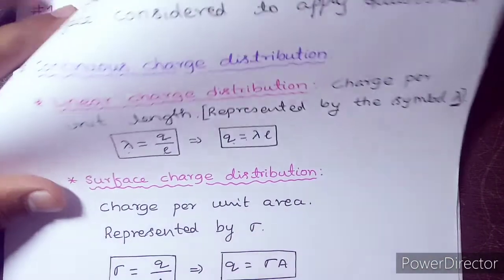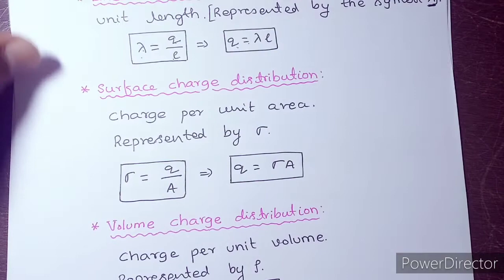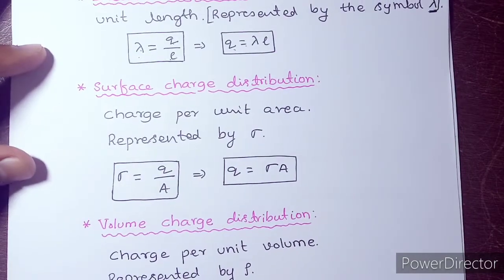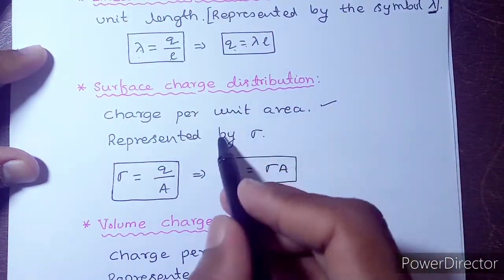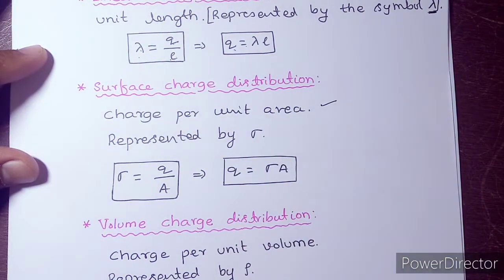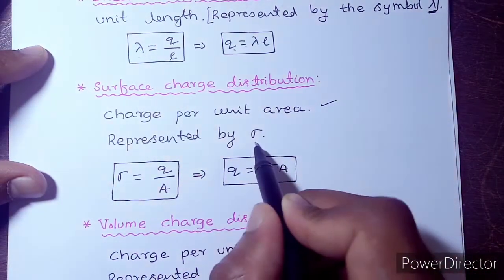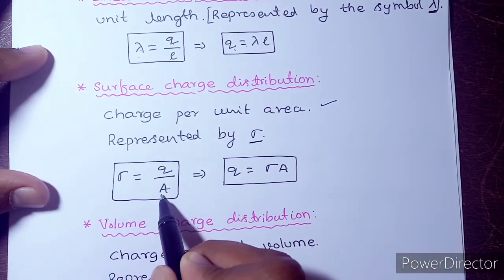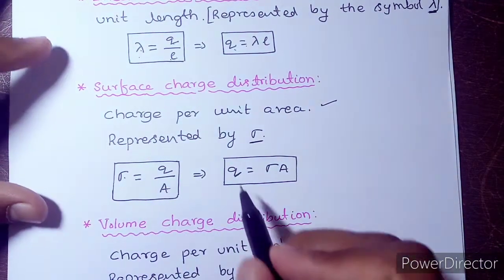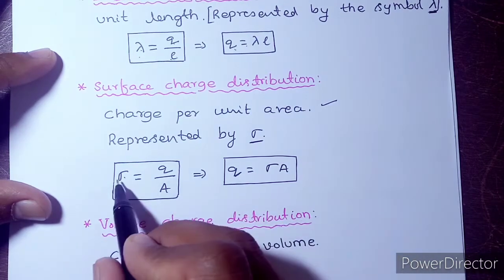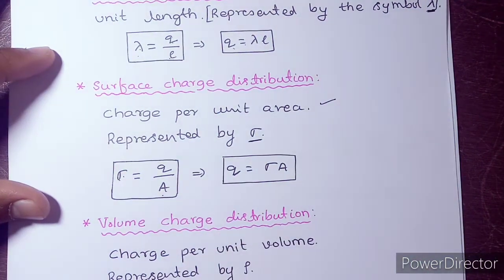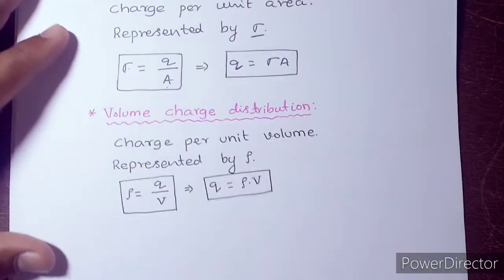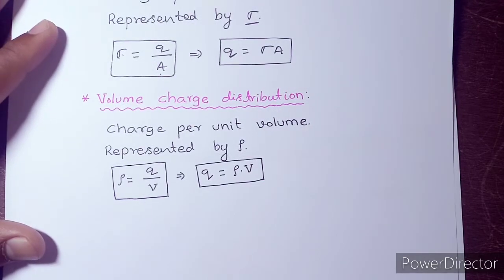Secondly, we have surface charge distribution. So it is defined as charge per unit area. It is represented by sigma. So sigma is equal to Q divided by A, and from that I can get, charge on the surface is equal to sigma into A. Thirdly, we have volume charge distribution.